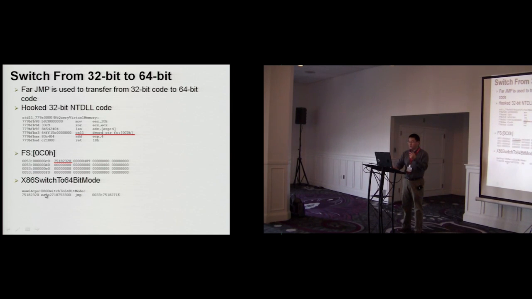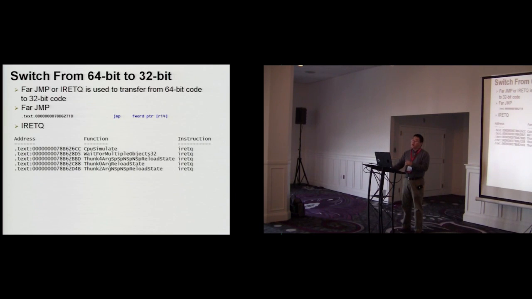For example, this one points to here. This is very straightforward. That's a far jump. They jump to the address with the selector as 33. After that, all code will run in 64-bit mode. After they finish a bunch of requests, they will switch back to 32-bit. They use the far jump, also an indirect far jump, to switch back.